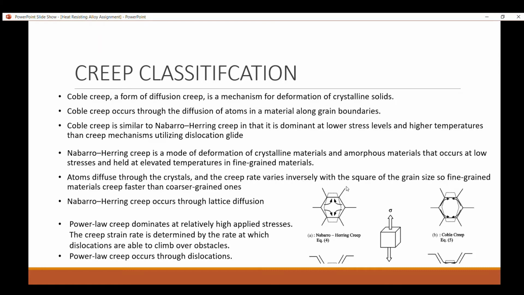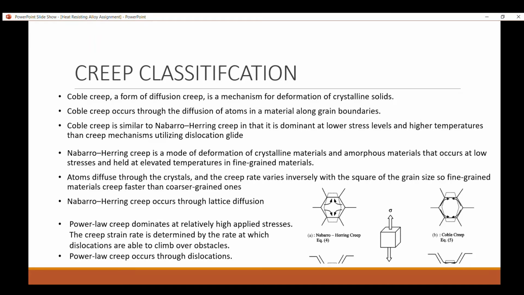Next will be Nabarro-Herring creep. It's a mode of deformation of crystalline material and also amorphous material that occurs at low stress, and is also held at high temperatures in a fine grain material. Nabarro-Herring creep occurs through lattice diffusion.